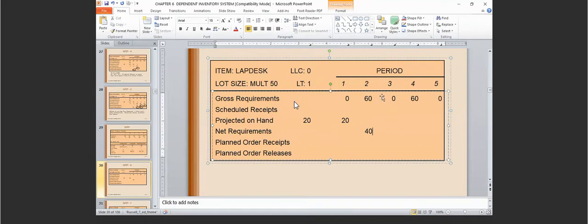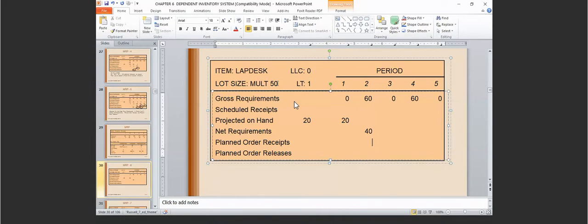So in period 2, we need to decide the quantity to be received in period 2. Same process, we need to refer to what is the lot sizing technique applied for the lab desk. For the lab desk, we are using multiple 50 unit.